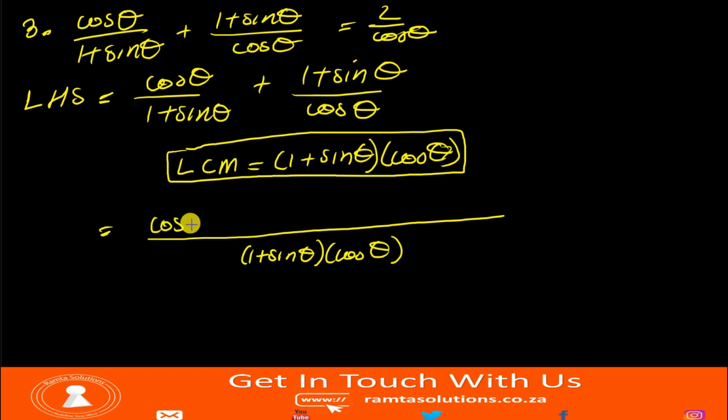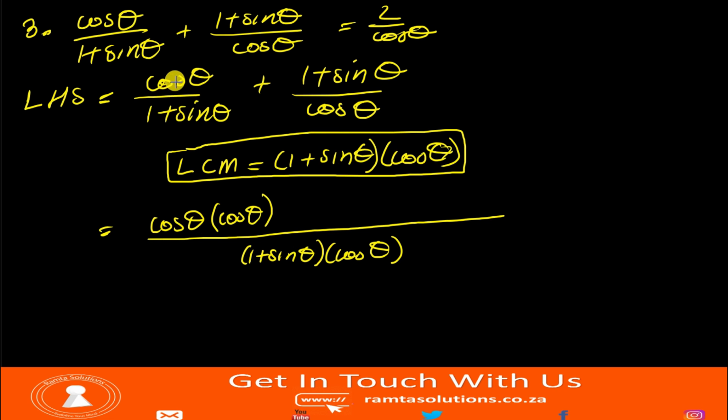Now cos theta multiplied by its denominator is 1 plus sine theta. So this lowest common multiple divided by 1 plus sine theta will leave you with cos theta.